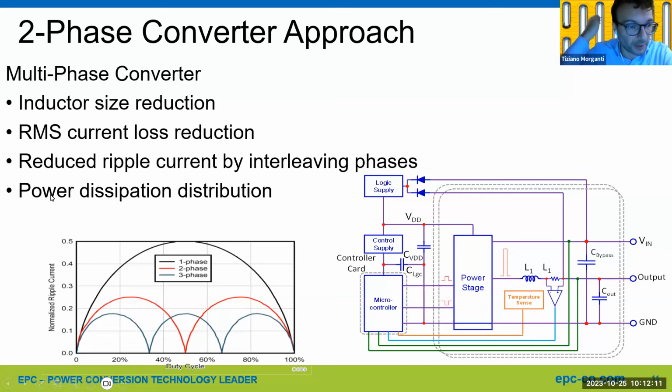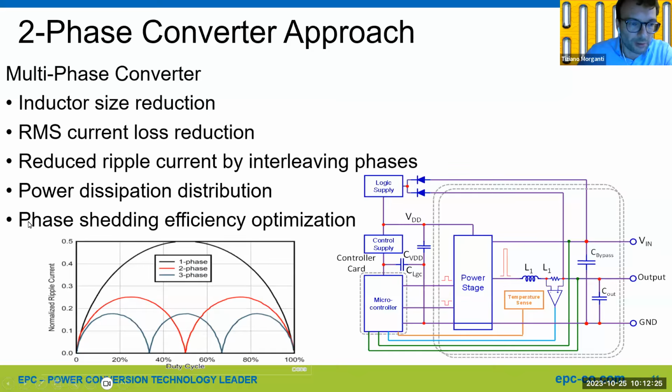Another advantage of the interleaved solution is that the power dissipation is distributed across more devices, and so it's easier to cool down. Also, in case of low load conditions, you can fully switch off one of the two phases to reduce the losses in the output capacitance and to improve the efficiency.